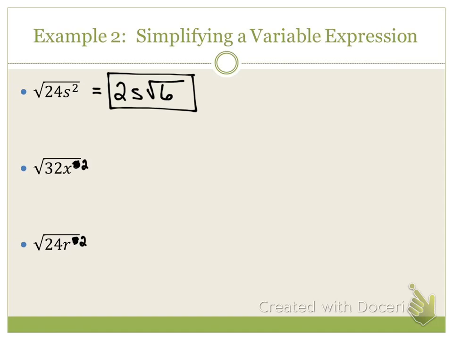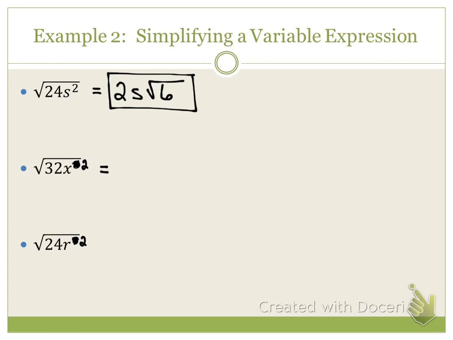Okay. All right, so on the next one, again, you can use your calculator to do the numeric part of this. What is the square root of 32? What's the square root of 32, guys? 4 times the square root of 2. Now, what's the square root of x squared?